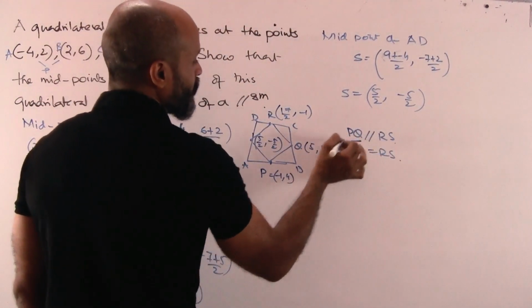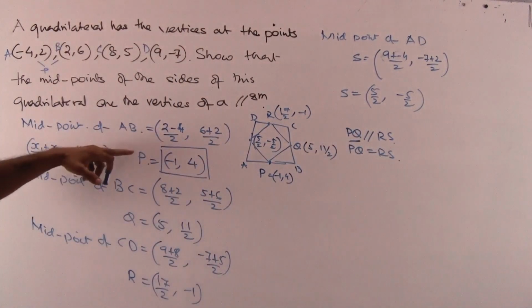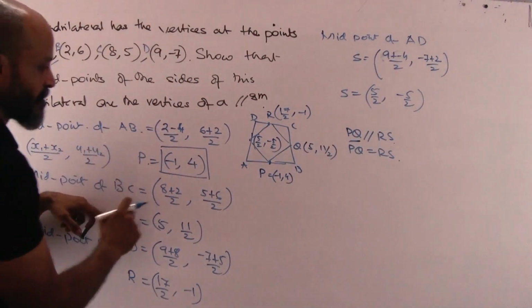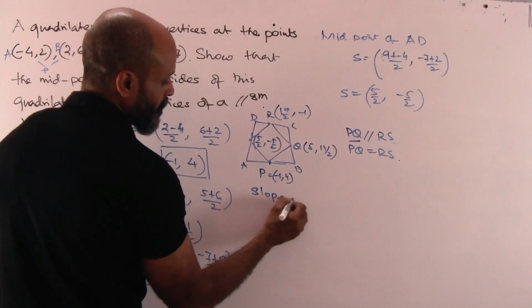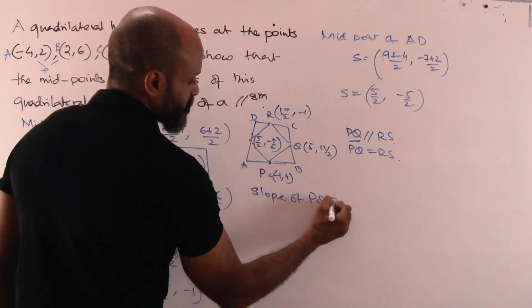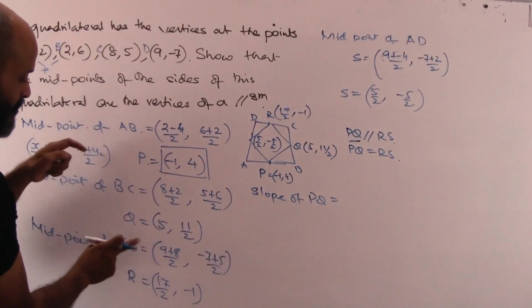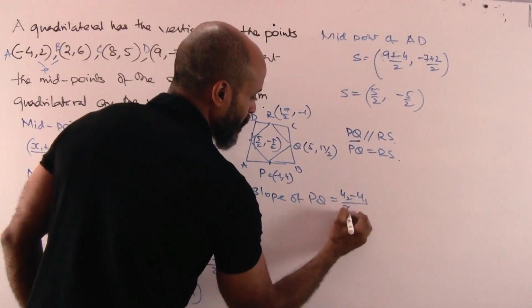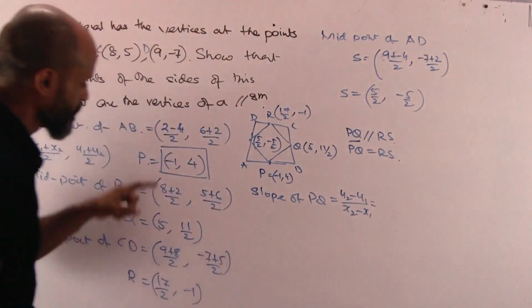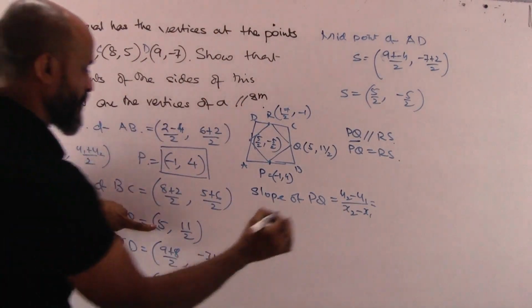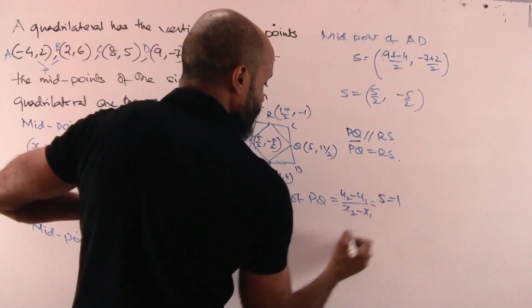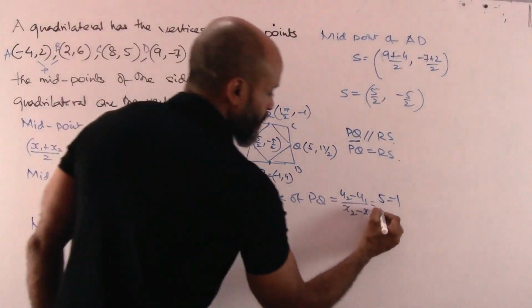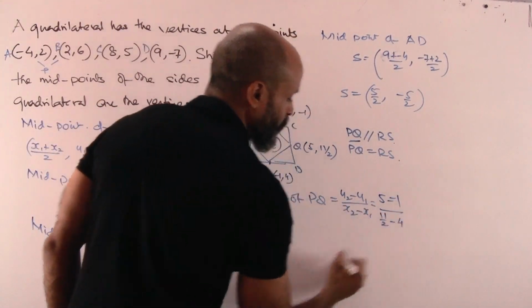So if we join PQ, see this is P and this is Q, what will be the slope of PQ? Slope of PQ will be y2 minus y1 upon x2 minus x1. So let's look at this. y2 is 5 minus minus 1, and x2 is 11 by 2 minus 4.